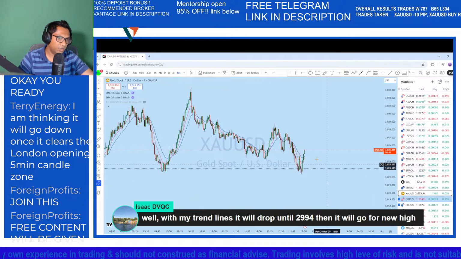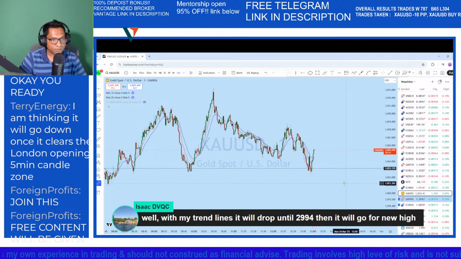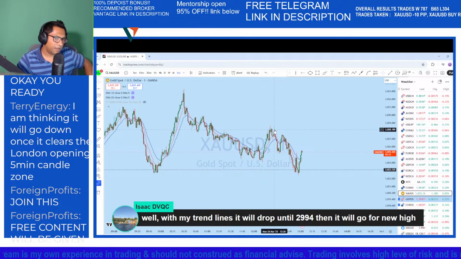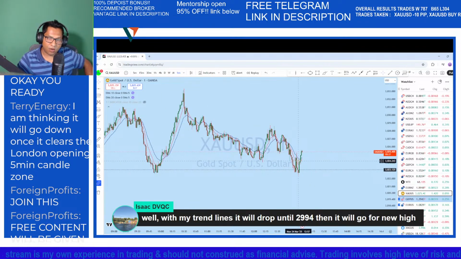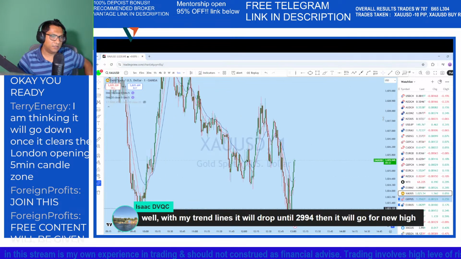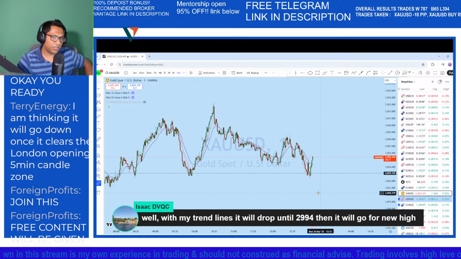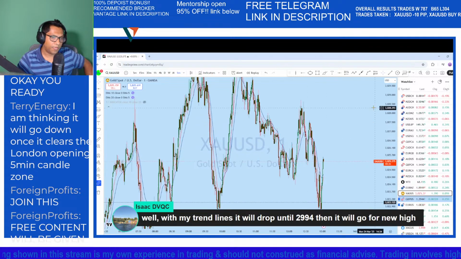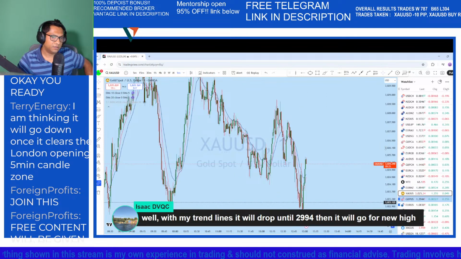But what we can see here is that the price locally had a breakdown. We saw the local downtrend, and with that local downtrend, you can see the market is in that area.